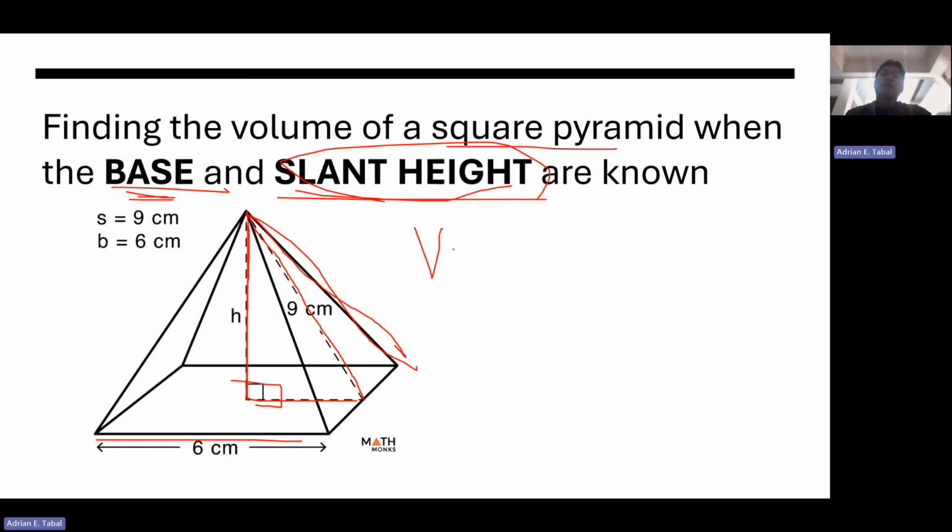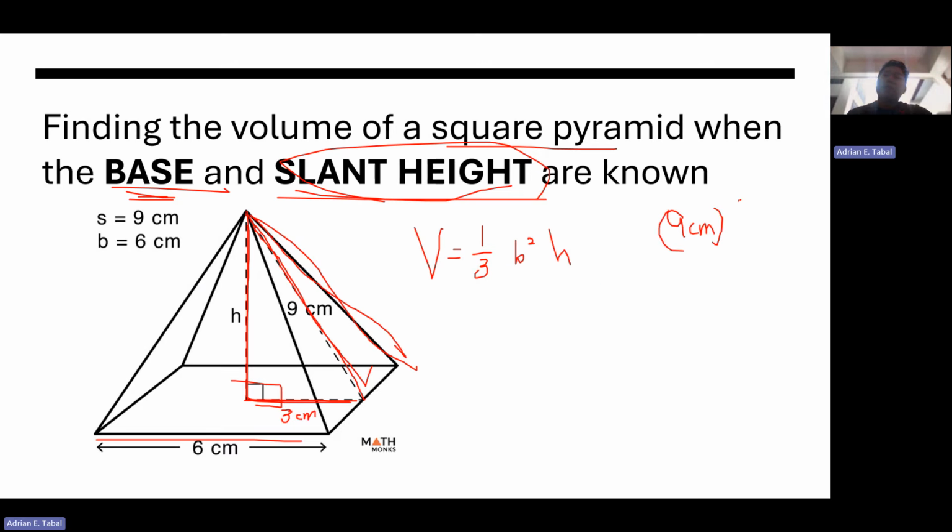The formula is still one third times the base area, base squared, times height. Our problem is we don't have a height. So how to find the height? We have a slant height of 9 cm. We also have this one, which is just half of our base, which is 3 cm.